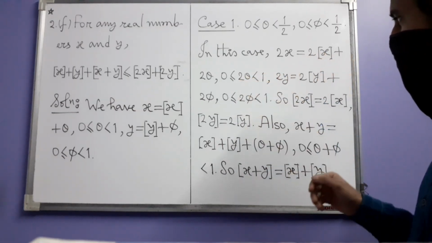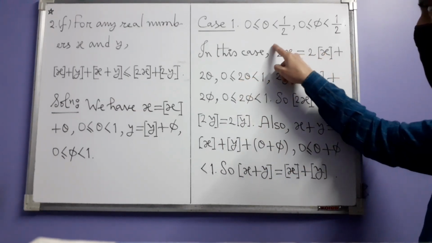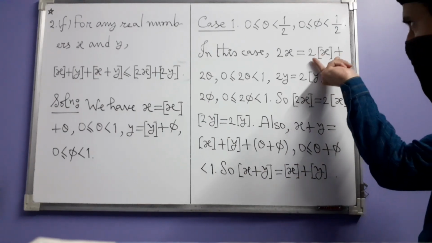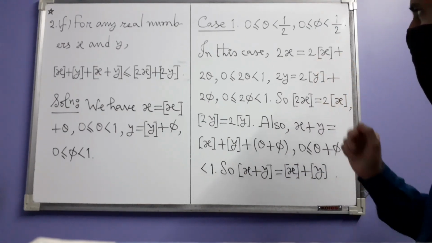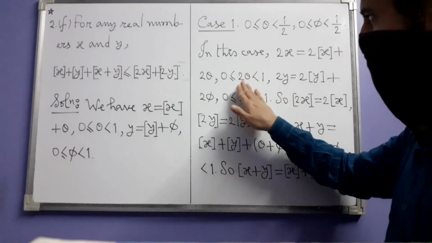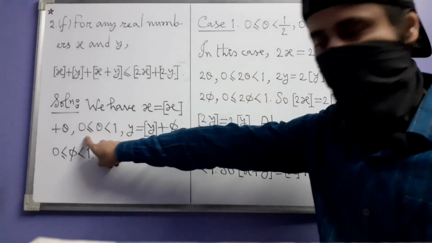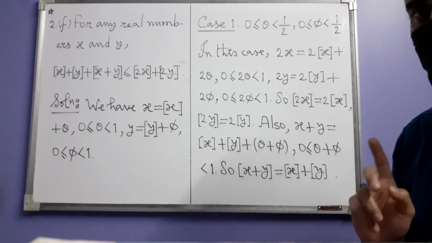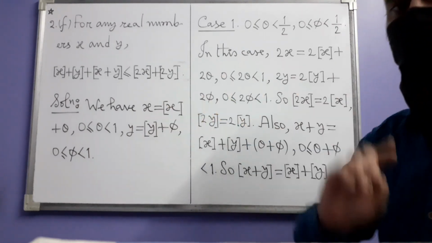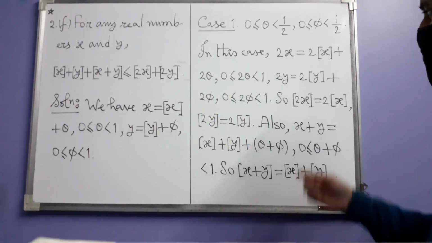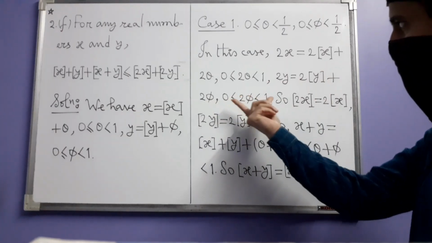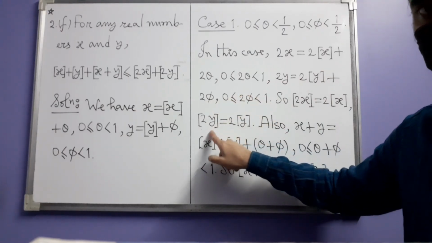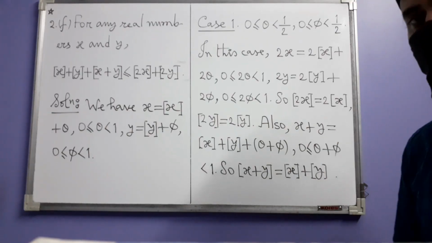From these, you conclude that the greatest integer value of 2x, box 2x, is nothing but 2 times box x, because that other part lies between 0 and 1, just like this one. Did you see where it's coming from? It's coming from this form. Similarly, from this equation and these inequalities, we get that the box value of 2y is 2 times box y.